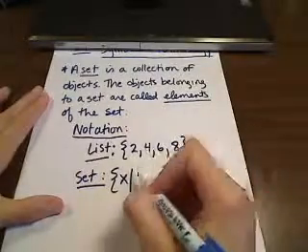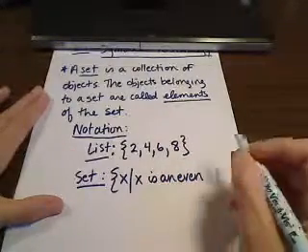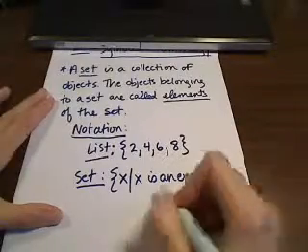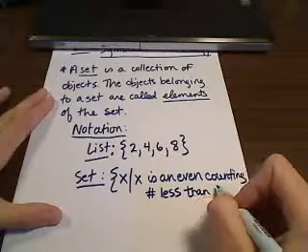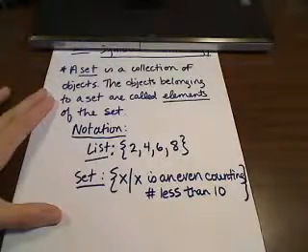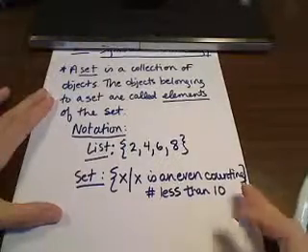And then for this particular one, we could say X is an even counting number less than 10 would be one way to represent that. Okay.